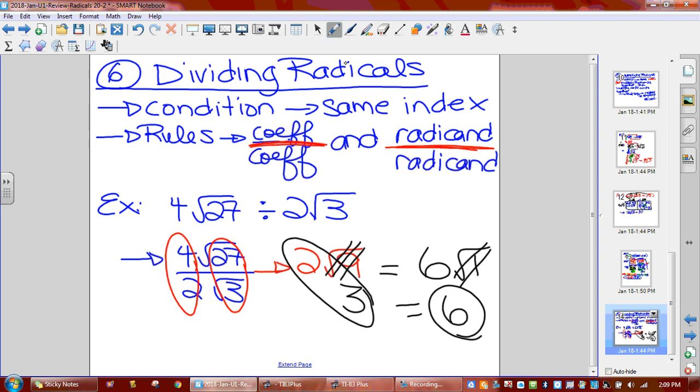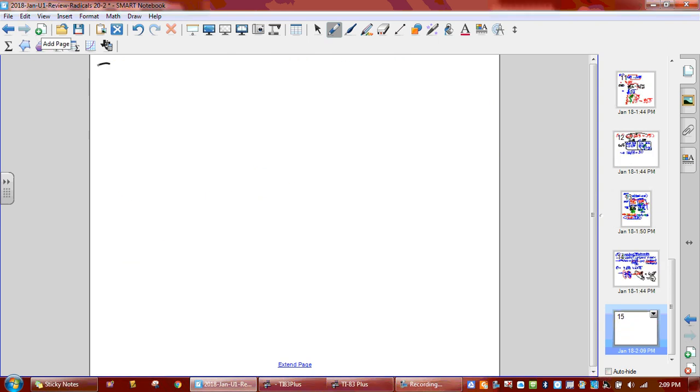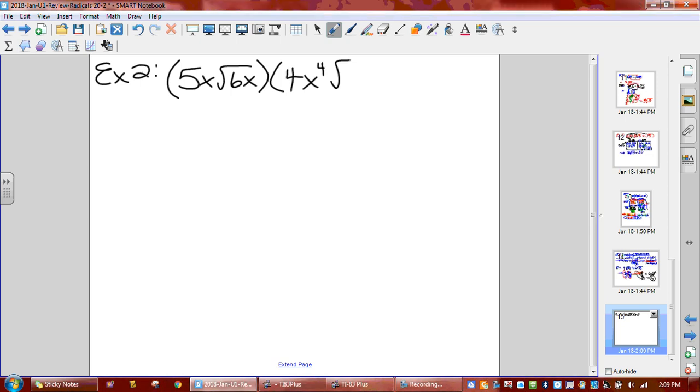We'll go with 5x root 6x times 4x to the 4 root 3x cubed, all dividing by 2x root 2x cubed. All right, first things first, we have to multiply the top so we can simplify it into one fraction. So we're going to multiply coefficient by coefficient, and then we're going to multiply radicand to radicand.